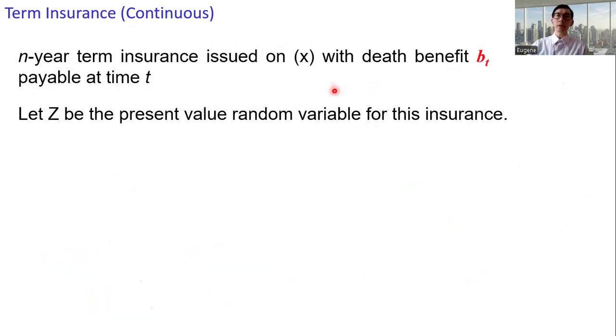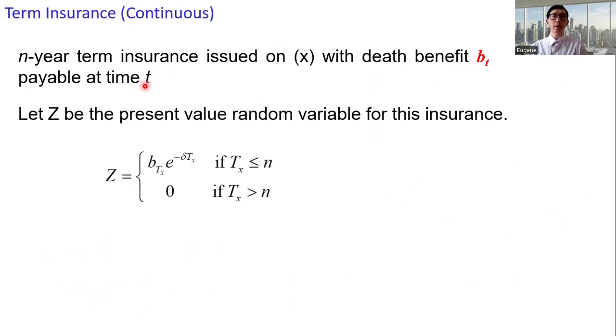If the death benefit is varying, b_t, payable at time t, then Z, the present value random variable, is expressed by this: b_t times e to the power minus delta t for t less than or equal to n.